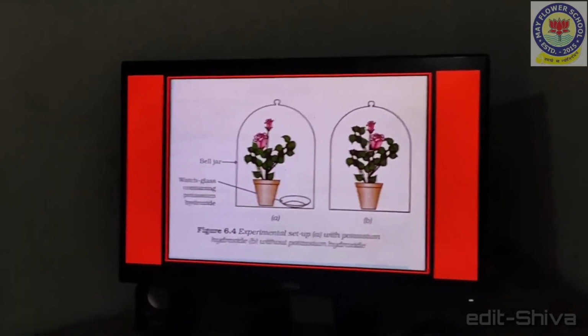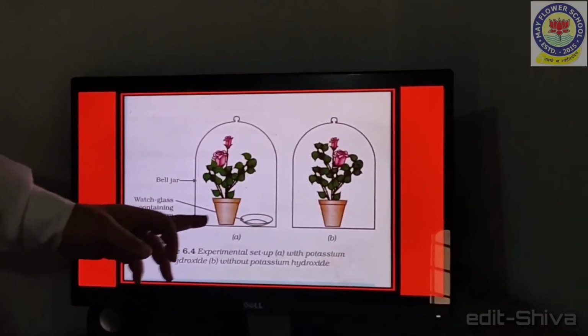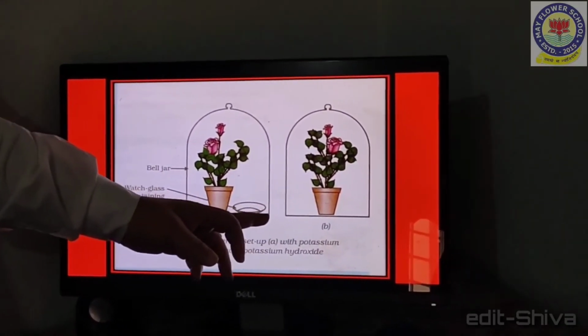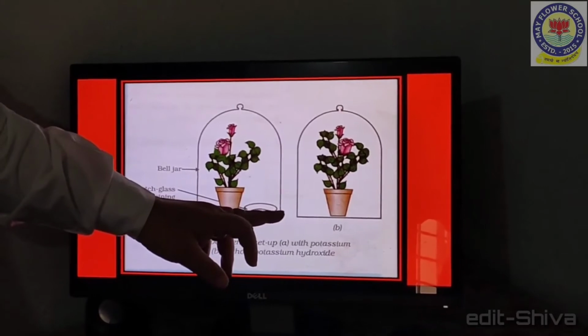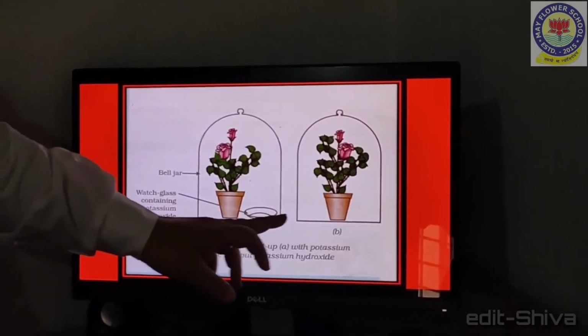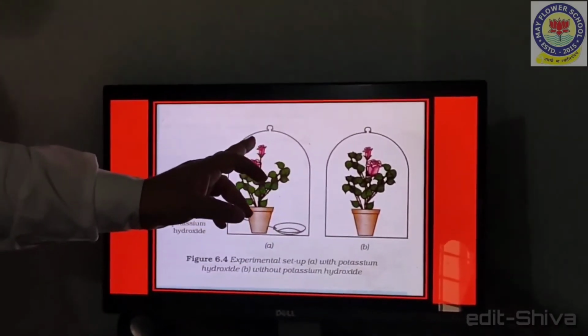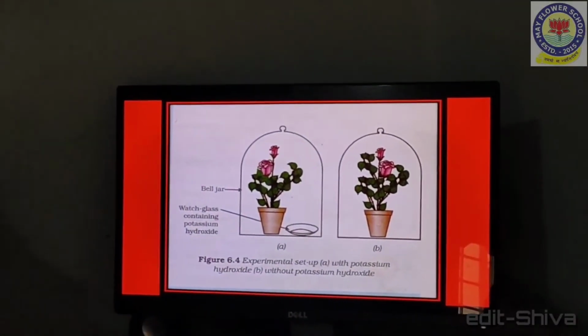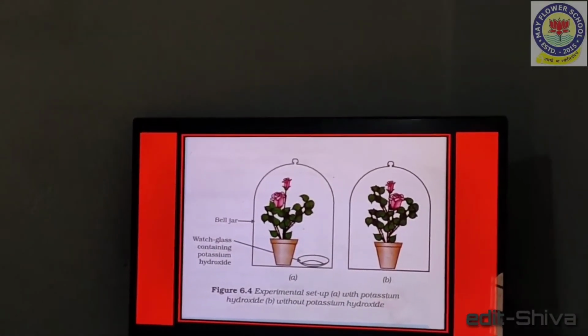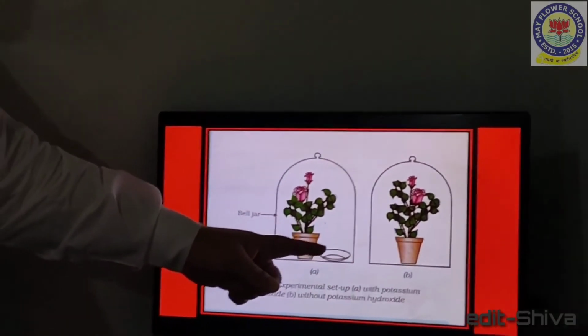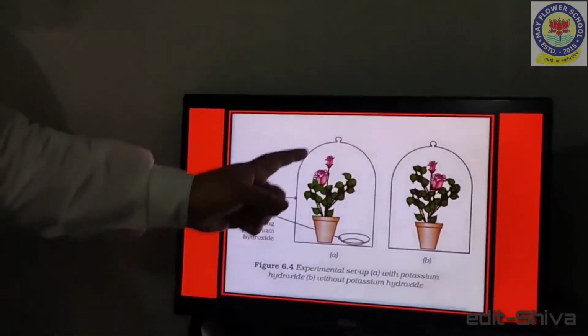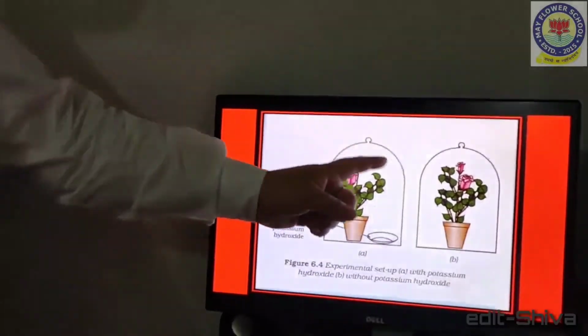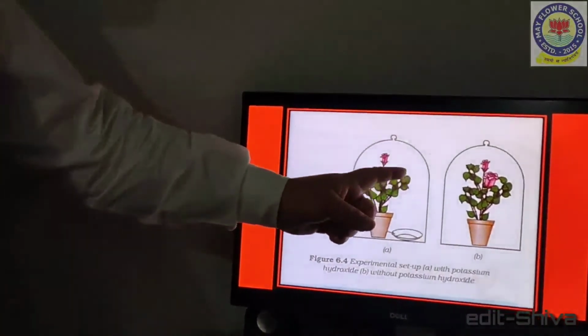And apply Vaseline at the lower portion of the bell jar and the glass plate so that both apparatus become airtight. Potassium hydroxide present in one of the bell jars absorbs all the carbon dioxide present inside it.